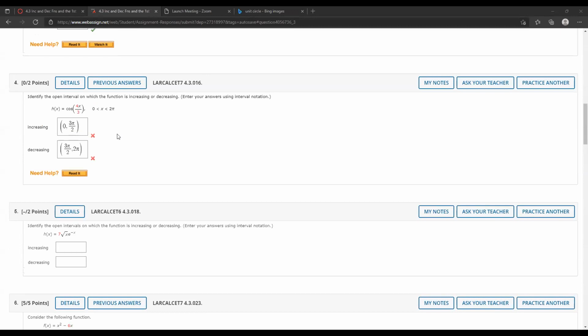Let's see, where's the share option? Oh, right here. The green button right there. Gosh. All right. Let's see. Increasing derivative.